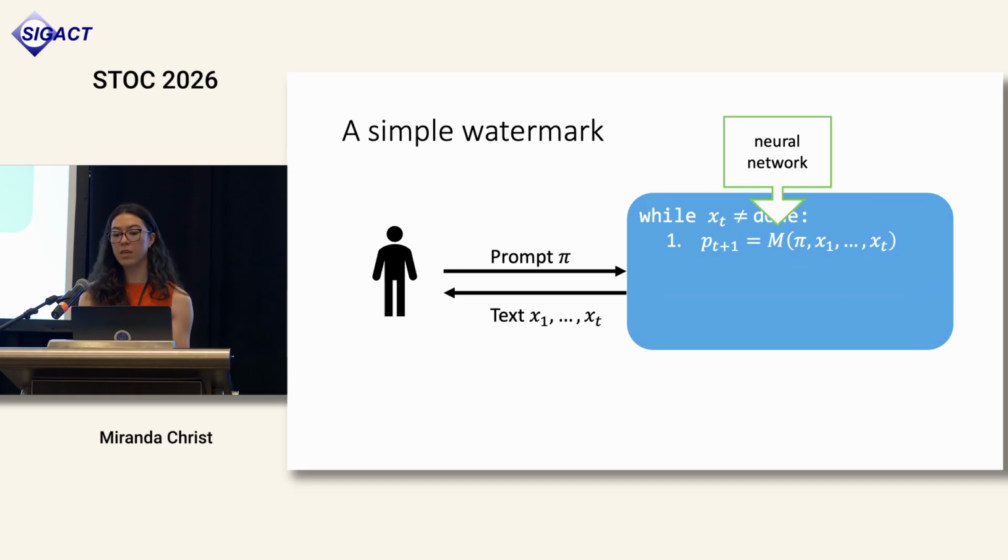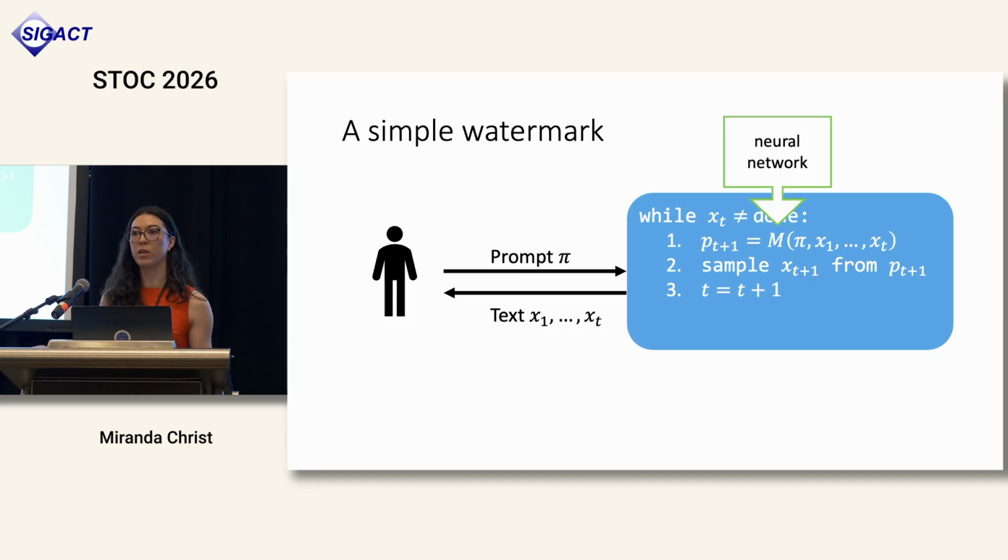So this p sub t plus 1 is a probability distribution over the next token. To get the next token, we simply sample it from this distribution. We append it to the text generated so far, and now we continue sampling tokens in this manner until we reach some special done token that indicates the end of the response, at which point we output the entire response.